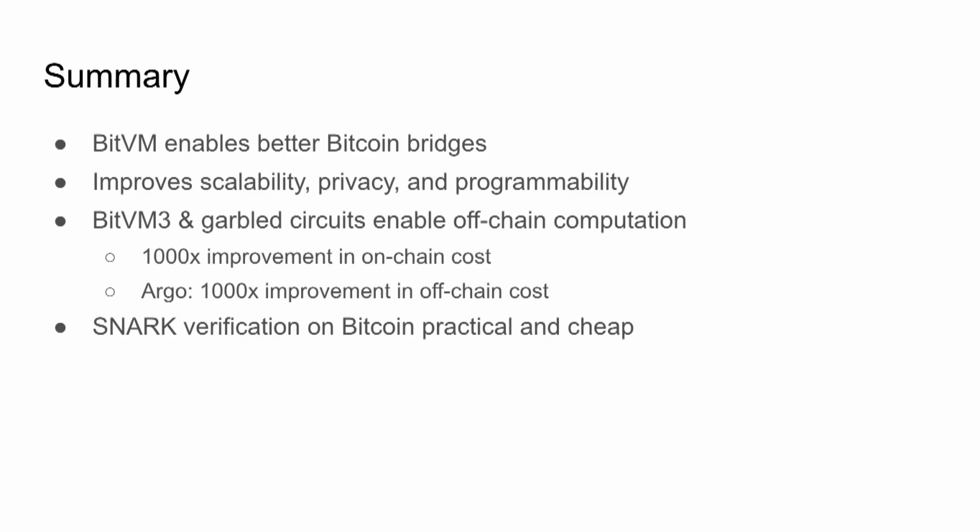And now SNARK verification on Bitcoin is very practical and cheap. That's the main takeaway. There are a few remaining challenges regarding liveness and safety trade-offs, but I think people will keep on working on that, and we will see more interesting work to solve these things. All right, thank you.